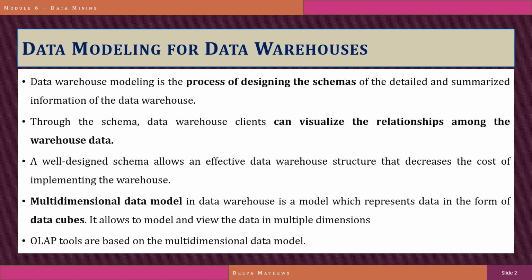A multidimensional data model in a data warehouse is a model which represents the data in the form of data cubes. So this is a schema where we are representing the data in data cubes. It allows us to model and view the data in multiple dimensions.